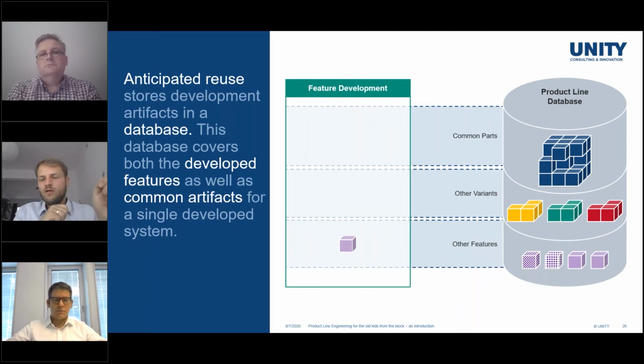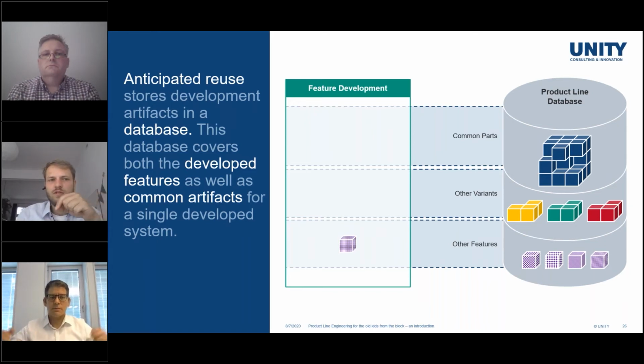And they are logically combined, and you can see for your specific feature that you develop, to what component, to what document it is linked. And so this database not only covers the newly developed feature, but also every single developed system. And it also includes the huge combinatorics that you can analyze, so that whenever a customer is selecting certain sets of features, you know what the potential product is.